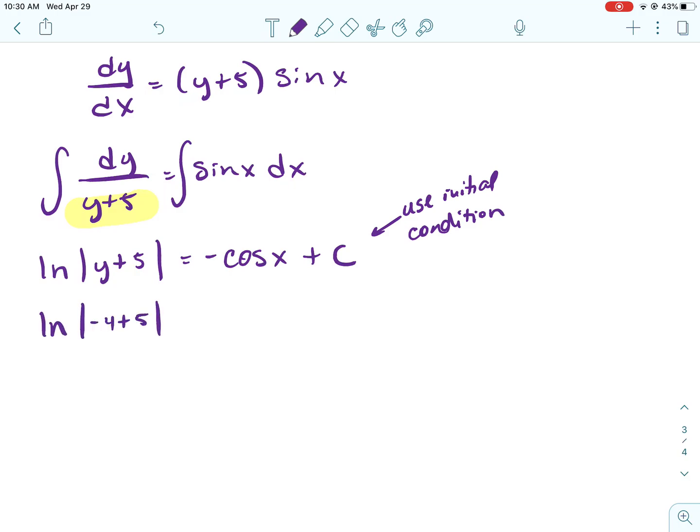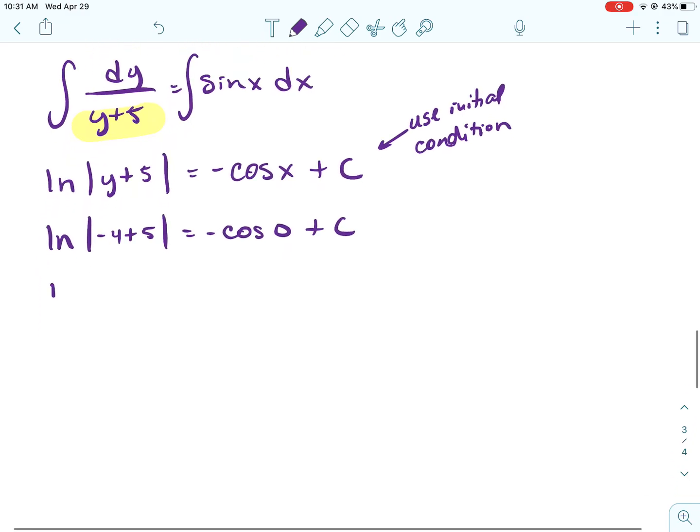Now, on all the others that don't have a natural log, this is where we do the initial condition to find what c is. So I am going to plug in -4 for y. I am going to plug in 0 for x.